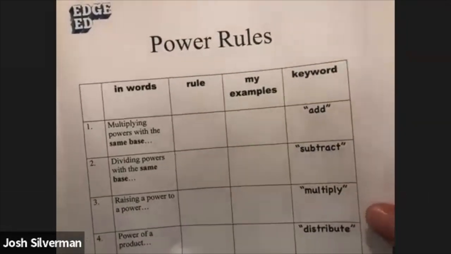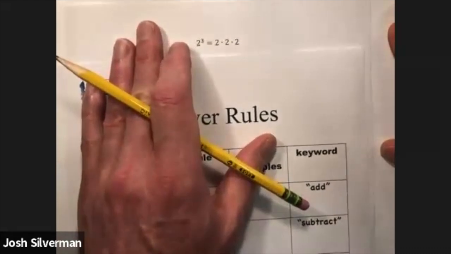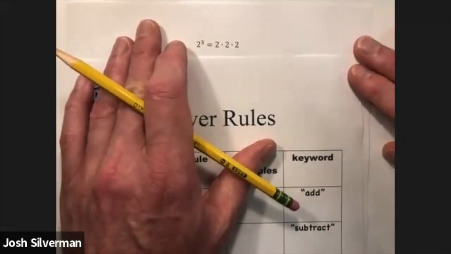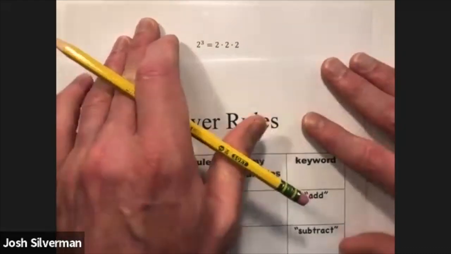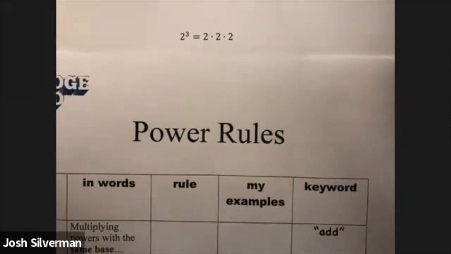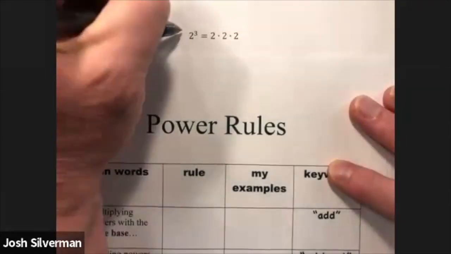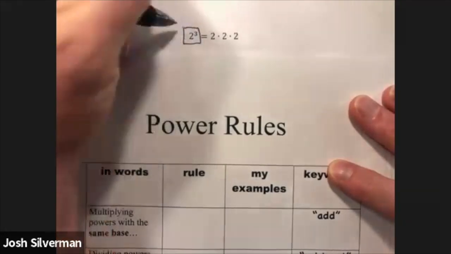All right. First up, multiplying powers with the same base. So here's what we know, okay? We know that 2 to the third is 2 times 2 times 2, right? This whole thing here, this is a power.